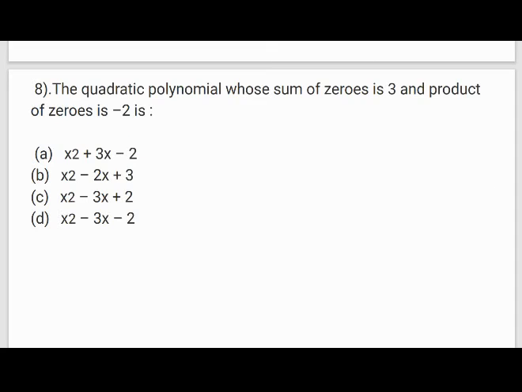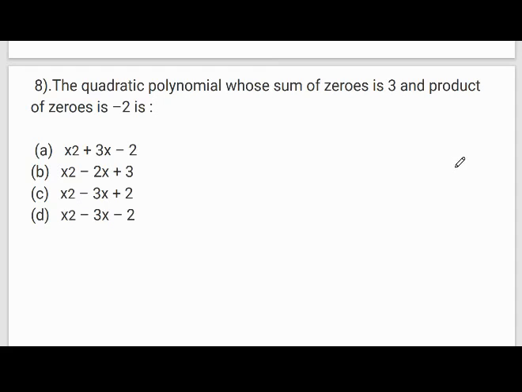Now, question number 8. The quadratic polynomial whose sum of zeros is 3 and product of zeros is minus 2 is, we know the standard formula to find the solution. Given here, the sum of zeros, it means alpha plus beta, is 3, and alpha into beta is equal to minus 2.